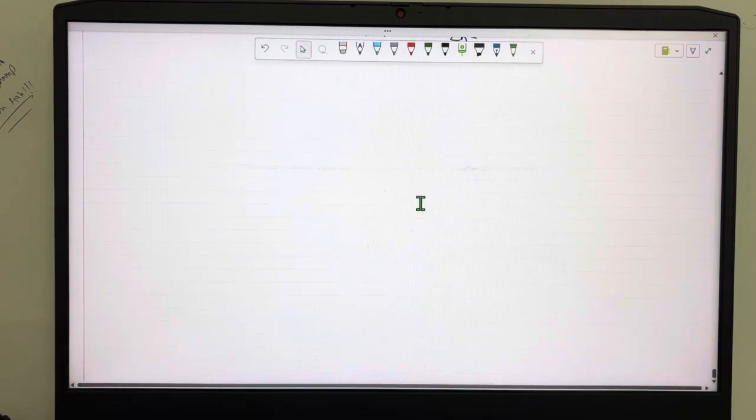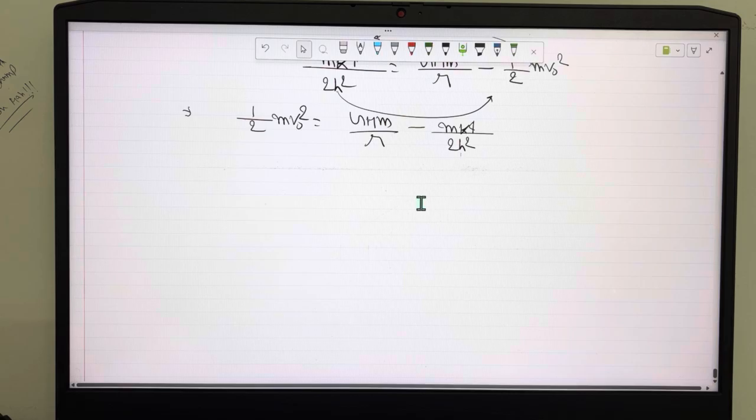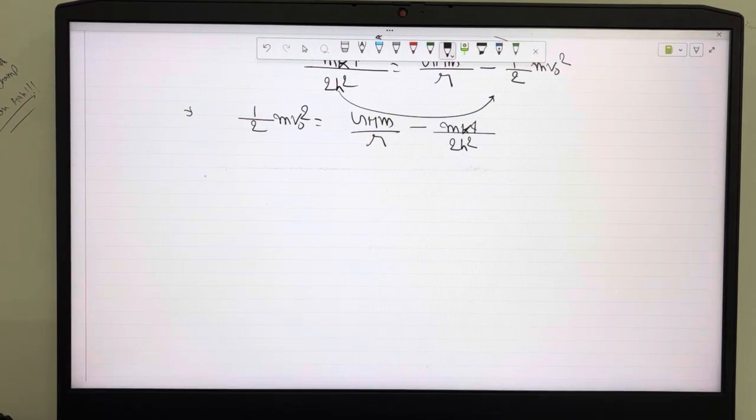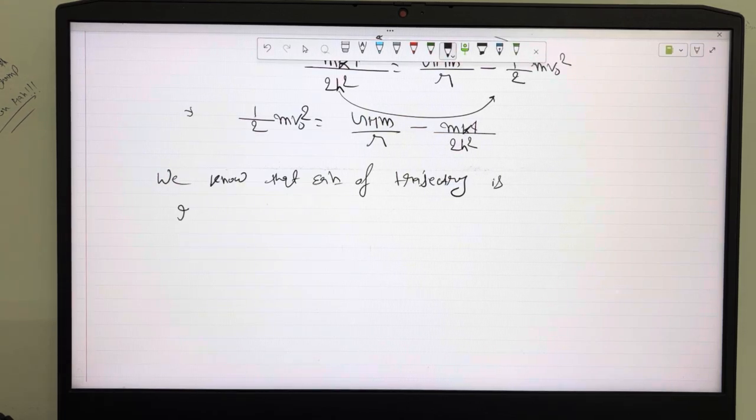Now we know that the equation of trajectory is r is equal to p divided by 1 plus e cos theta minus c, right?